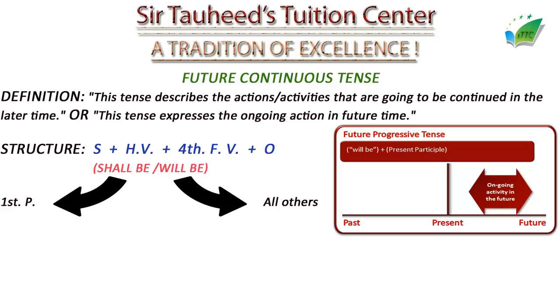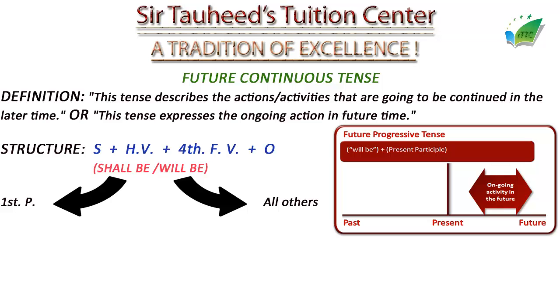So now let's understand how to use shall be or will be. Remember that if the subject is first person, that is I or we, only with these subjects we use shall, and with all other subjects, whatever they are, we use will with them.